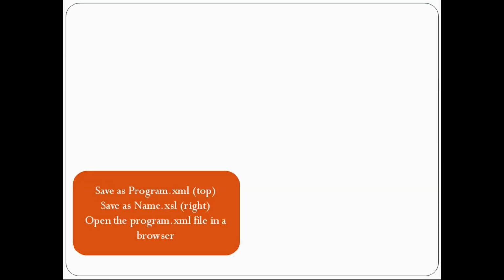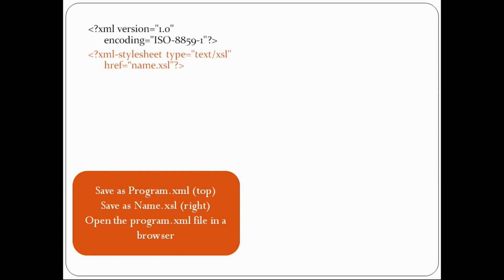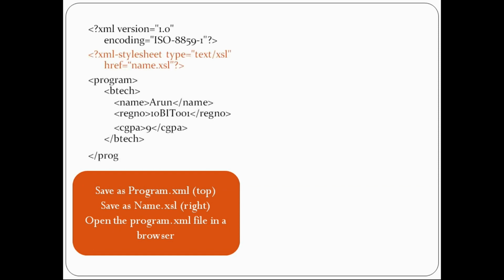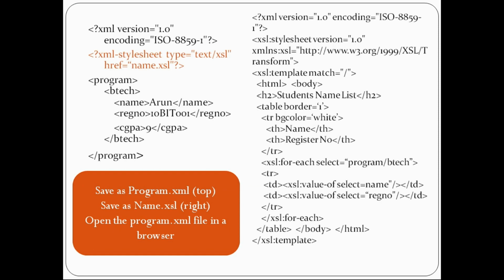Let's see another program also. If you want to know more and more about this XSL transformation, you can use this program also. The same thing I applied like this. This is name.xsl, and this is a normal program, VTech.xml. Here the program is there and VTech is there, and name, registration number, CGPA, that's it.